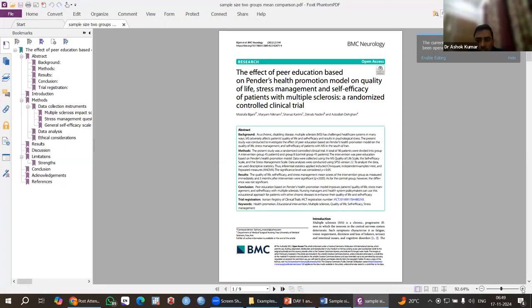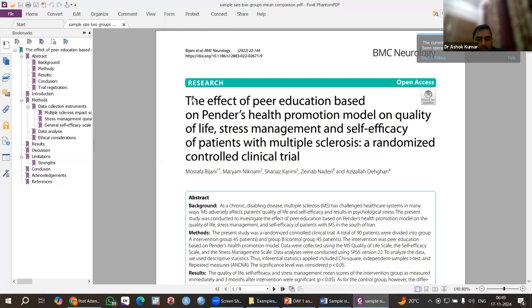You can see here, it is a randomized control trial on the effect of peer education based on Pender's health promotion model on quality of life, stress management, and self-efficacy of the patient. They have taken the primary outcome as self-efficacy, and they calculated sample size on the basis of this self-efficacy score. So we have to know this.